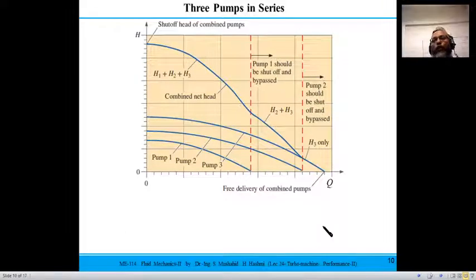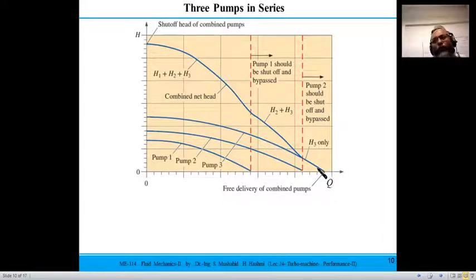If you look more closely at the performance curves, let's say here you have not one pump but 3 different pumps. Pump 1 is a smaller pump, pump 2 is a much bigger pump, and pump 3 is that pump.